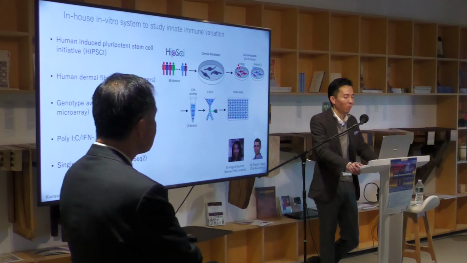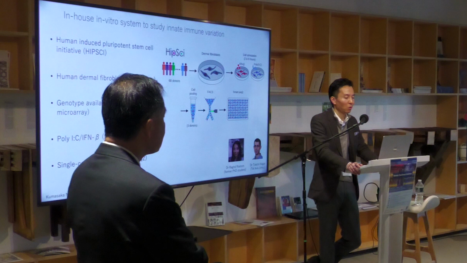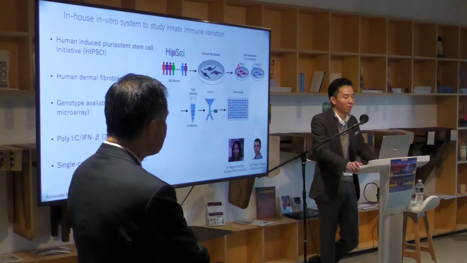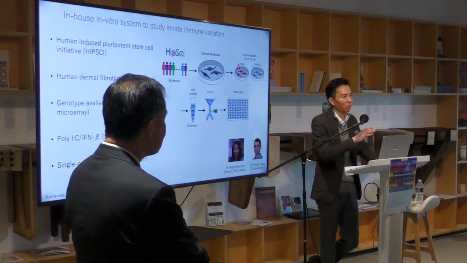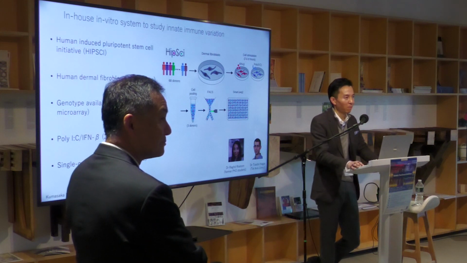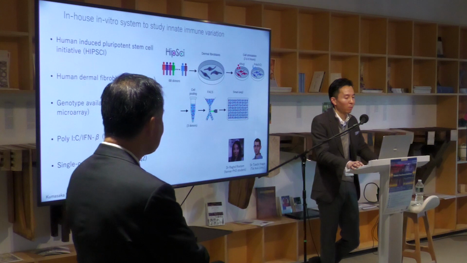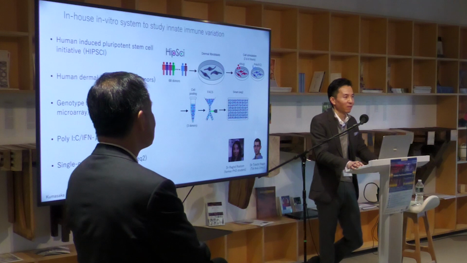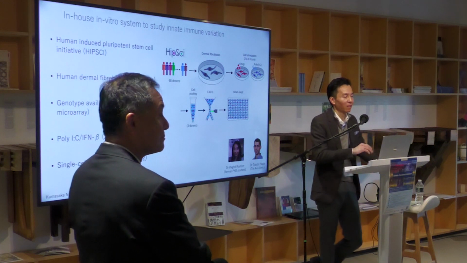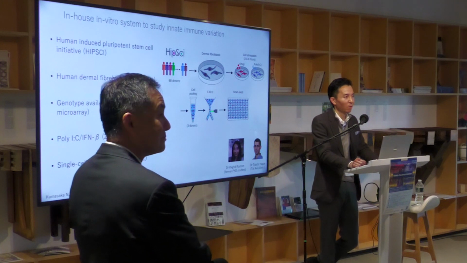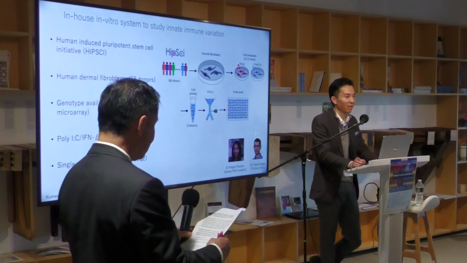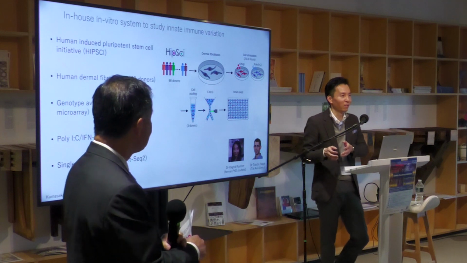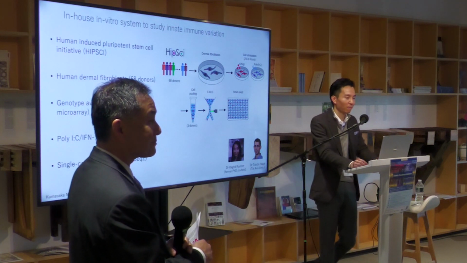The reason we chose fibroblasts is that the innate immune response to those stimuli should be similar to many other cell types, and fibroblasts were the easiest way to get materials at Sanger Institute at that point. So actually, we haven't designed this system for COVID specifically. Okay, thank you so much.